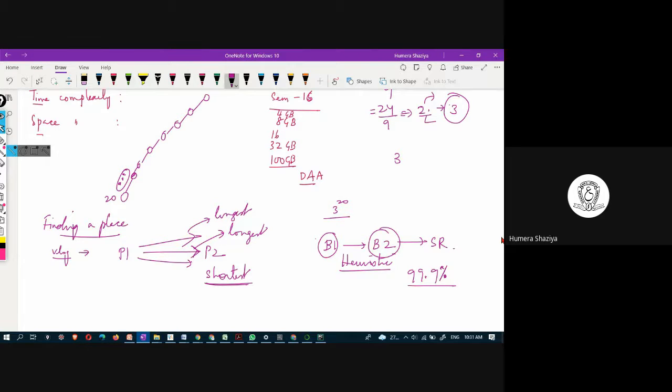And remember, heuristics do not give you the best route. This is a small example and a trivial case where perhaps it is the best, but always it is not the best. It is good. It gives us good results, but not the best results.